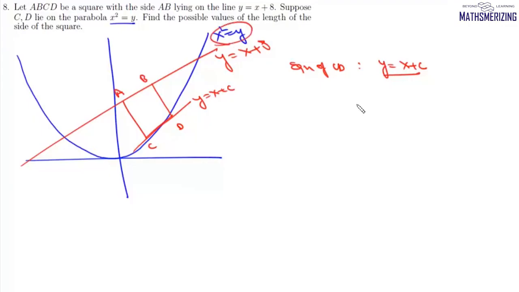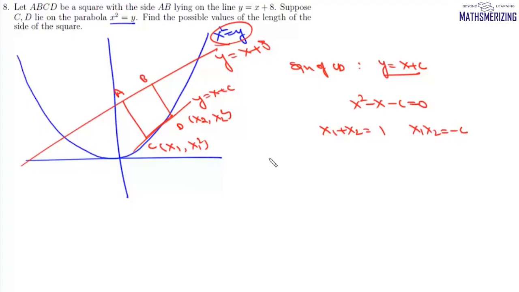So we'll put y as x square, we'll write x square minus x minus c equals 0. Now this equation has two real roots, say x1, so this is x1 comma x1 square, and here it is say x2 comma x2 square. Now sum of roots x1 plus x2 is 1, and product of roots x1 into x2 is minus c.